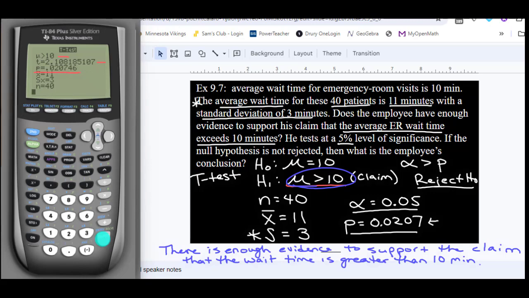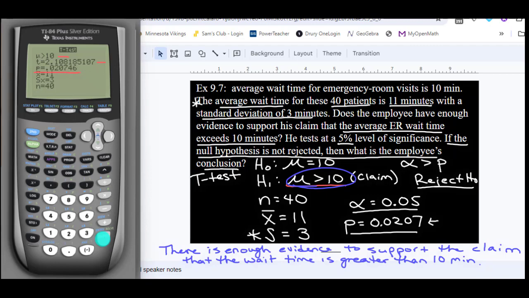Now, in this particular question, they specifically ask if the null hypothesis is not rejected, what is the employee's conclusion? Well, if the null hypothesis is not rejected, their conclusion would be just the opposite. There is not enough evidence to support their claim that the average wait time is greater than 10 minutes.